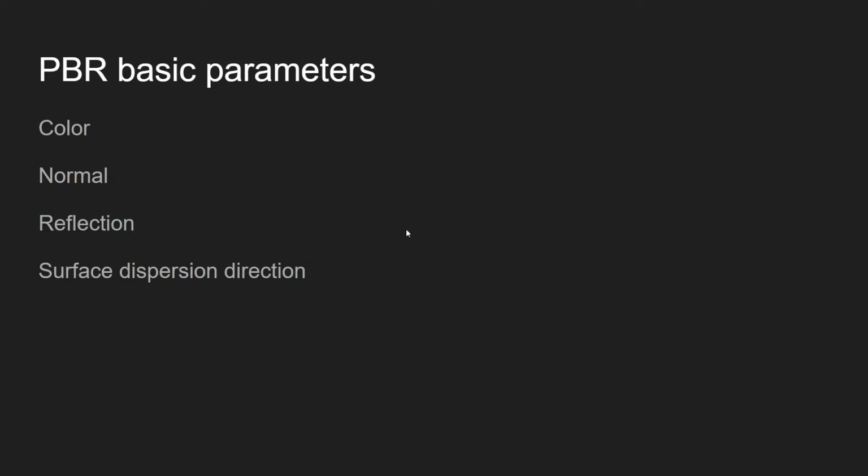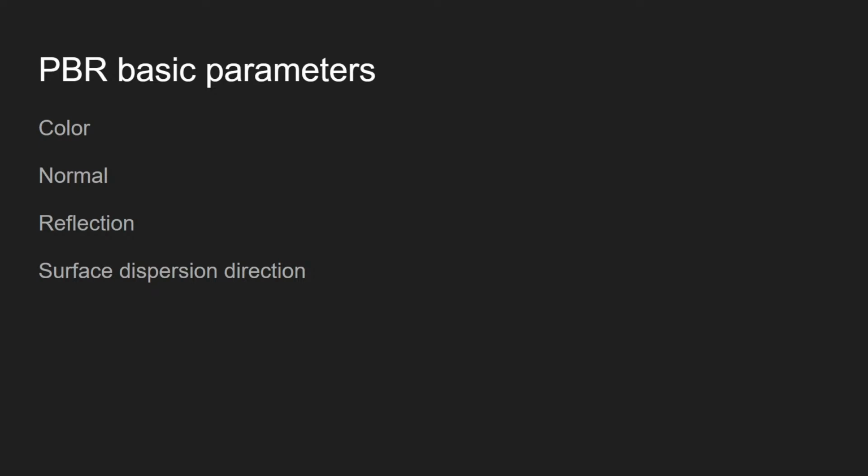So PBR basic parameters are going to be 4 parameters, and I'm taking things that are really general. After that, I'm going to focus on what we're interested in. There's going to be one parameter that defines the color. There's one parameter that defines the normal vector of the surface.